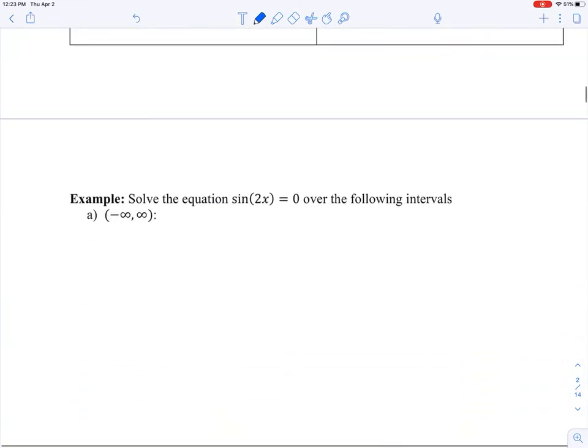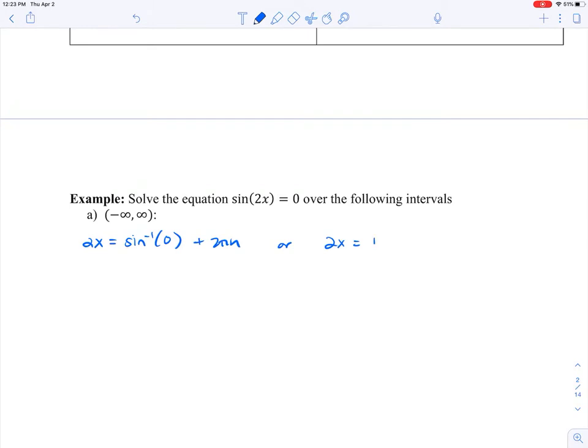So I'm going to have 2x equals the inverse sine of 0 plus 2 pi n, okay? Or 2x equals pi minus inverse sine of 0 plus 2 pi n, where n is an integer.